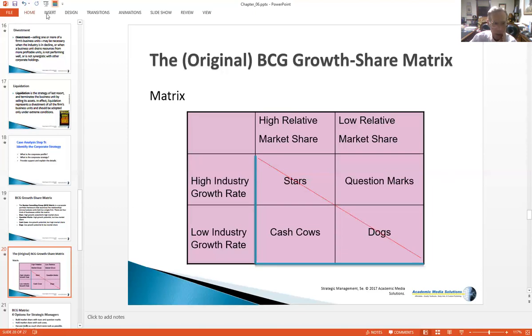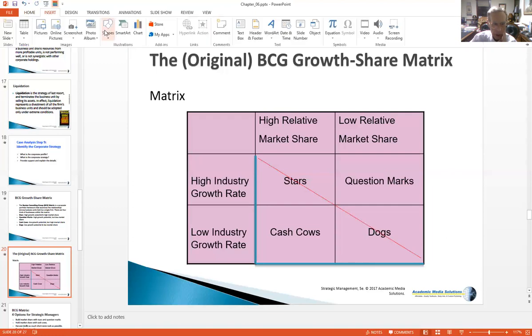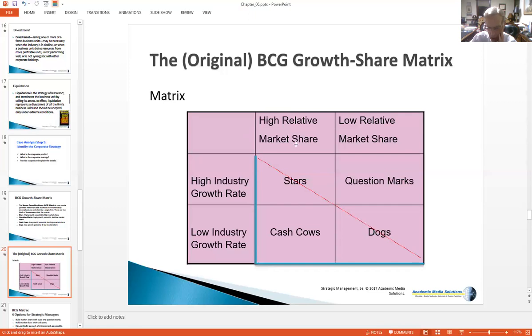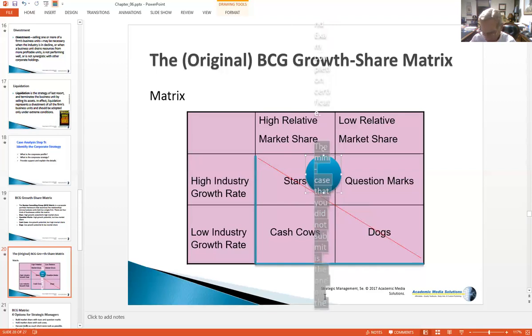Now, what we'll often do then is portray the company's various businesses. I'm just going to get rid of all that. Okay, there we are, and I'll make it a little smaller.